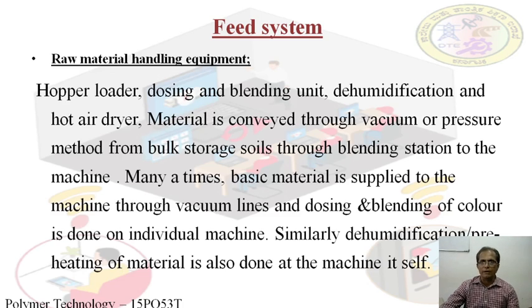Up to a certain level, material is filled. Many times basic material is supplied to the machine through vacuum lines. Dosing and blending of color is done on the individual machine. Dehumidification and preheating of the material is also done at the machine itself.